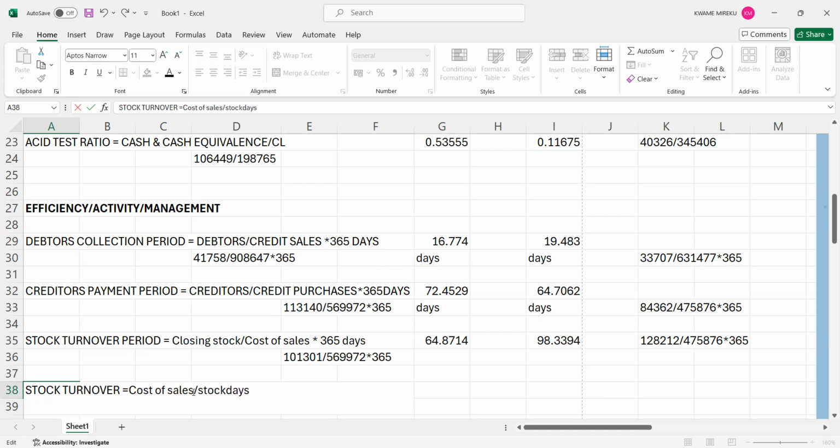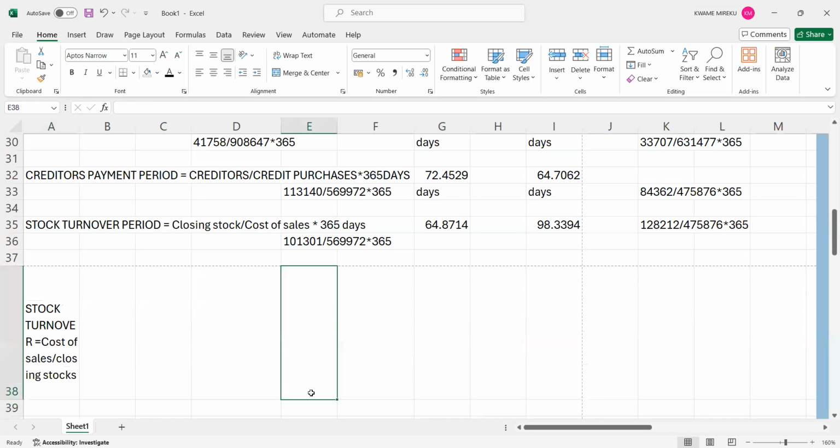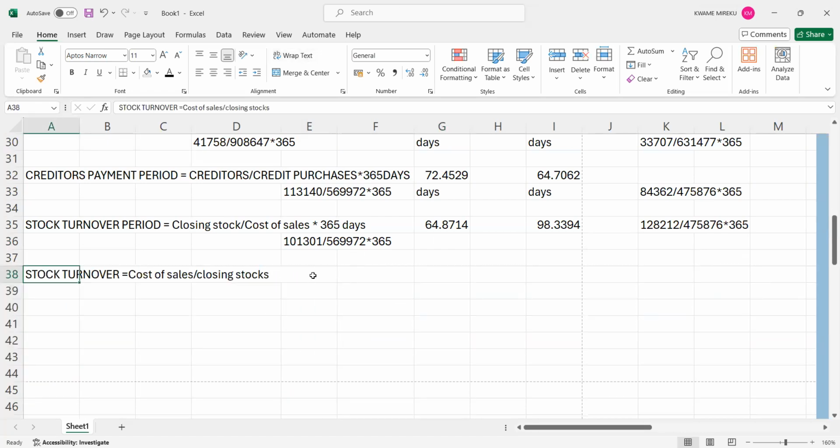So this one is not in days. When you turn the formula upside down, you look at the stock turnover without the period. That means I'm not going to measure it in days. So here we just flip the coin.